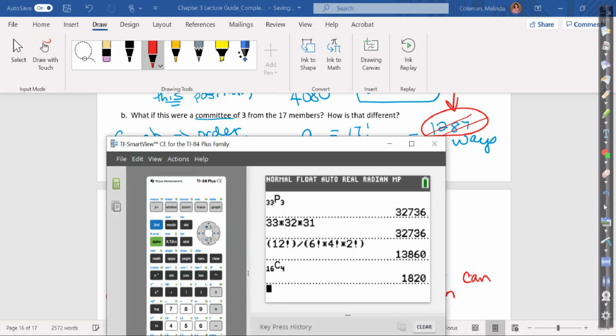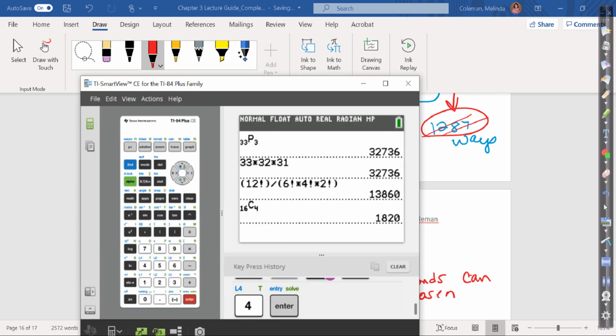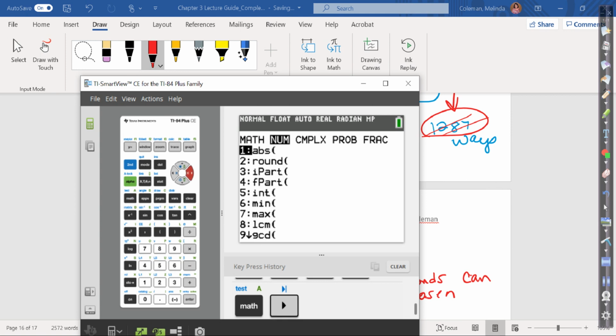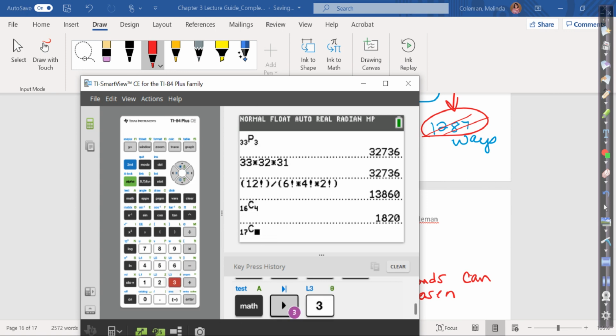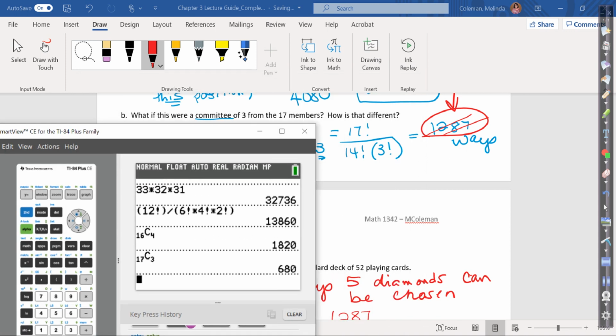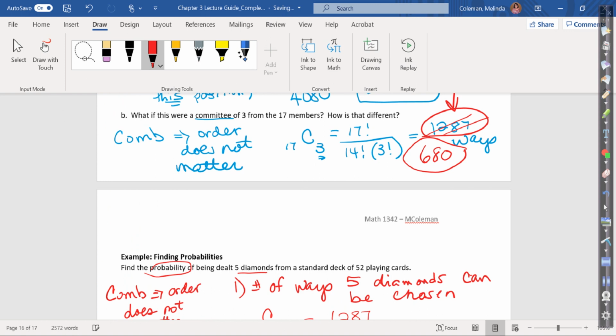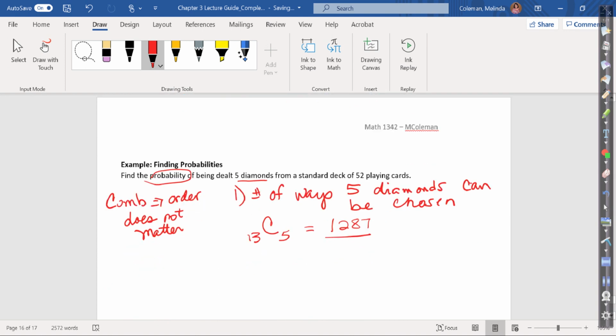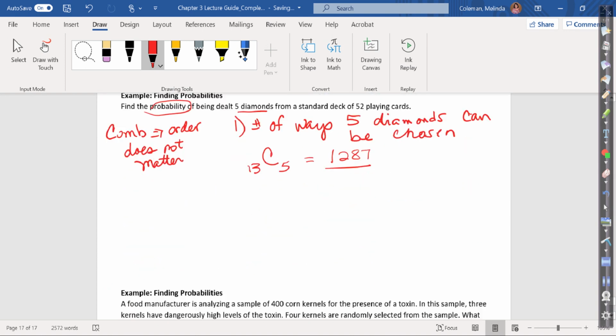So that would be 17, and then math, probability, number 3, 17C3 is 680. I'm so sorry. This is 680 ways. So even fewer. Sorry, my answer key didn't have the right answer there. I apologize. All right, so back to the diamonds then.